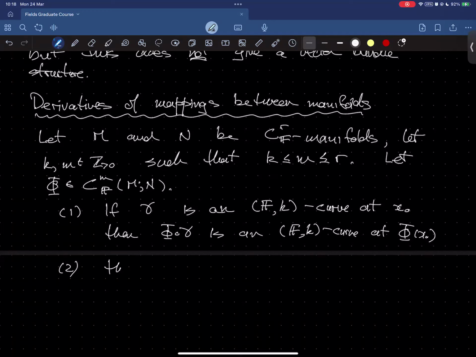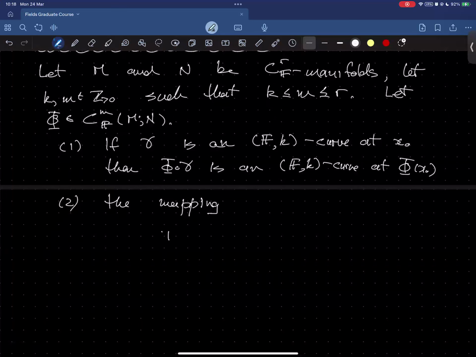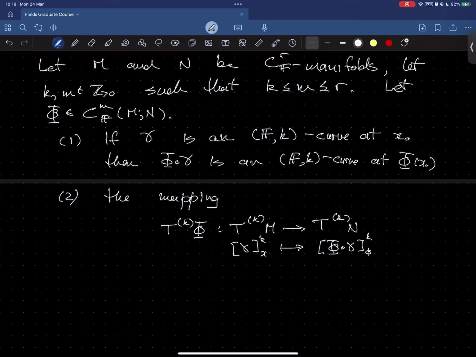Okay. So the mapping: it's the kth derivative of the C^M mapping phi. This maps the kth order tangent bundle of M into the kth order tangent bundle of N. It takes a curve with its equivalence class to order K at x, and maps it to the equivalence class of phi composed with gamma to order K at phi of x.